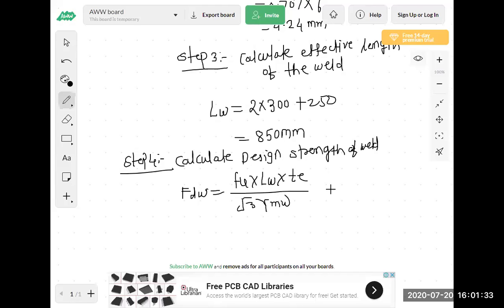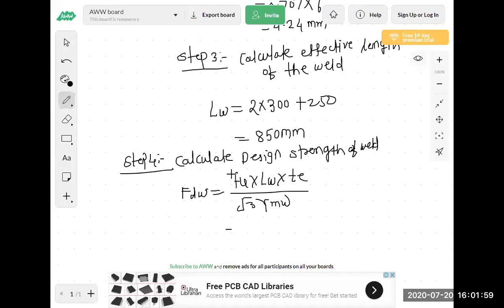Are you getting? So again you can go to the procedure. There we have written this formula. Instead of Fy, here Fu is there.